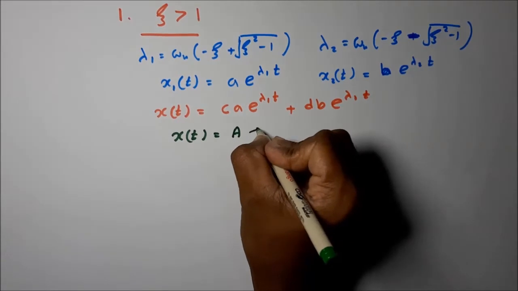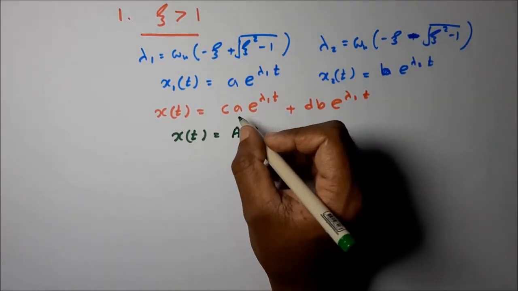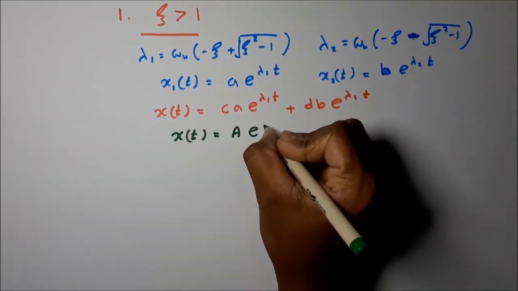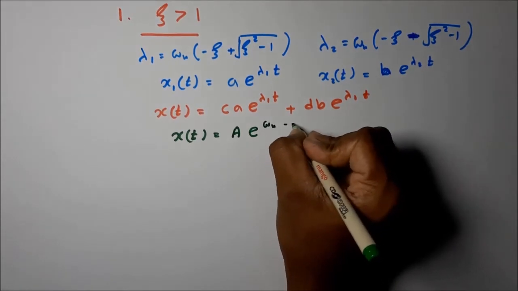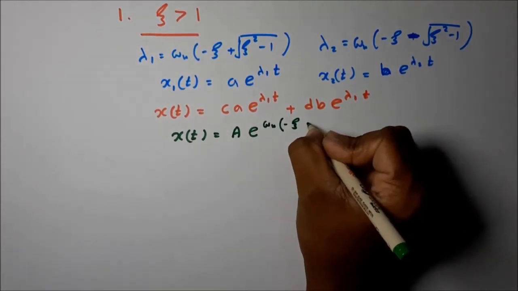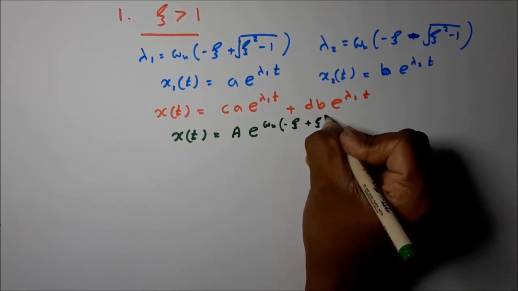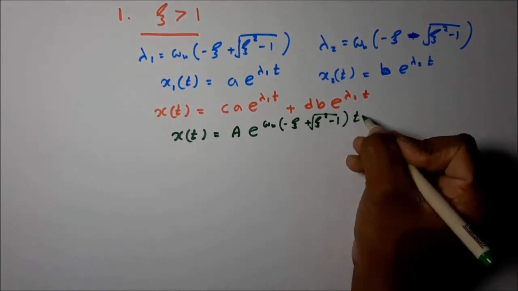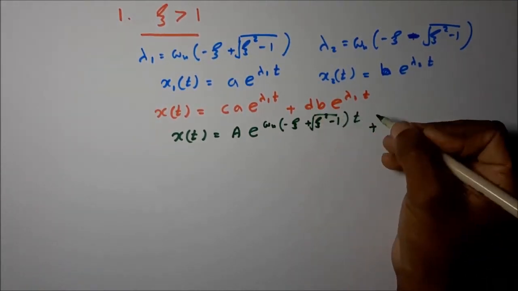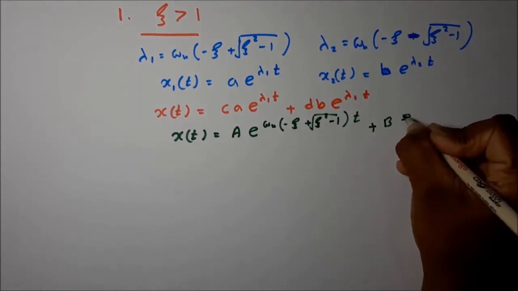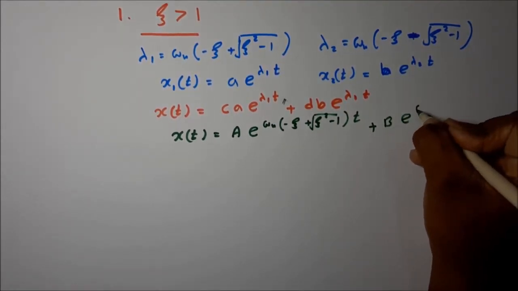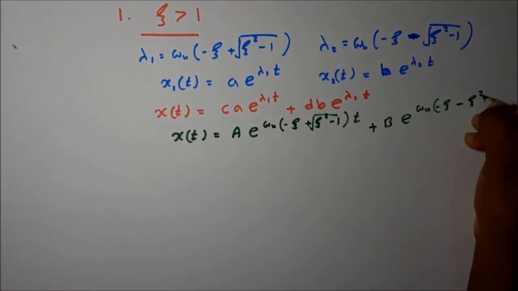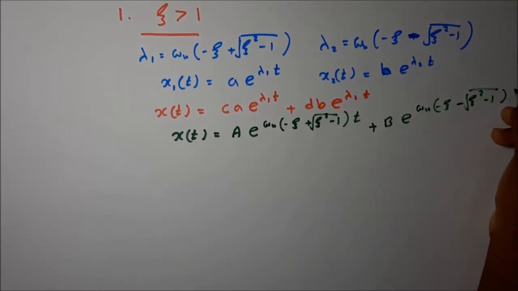e^(lambda 1 t), what is lambda 1? I will write that lambda 1 also. Omega n times minus theta plus the square root of theta square minus 1, into t, plus for d times b, I am going to put b e^(lambda 2 t), omega n times minus theta minus the square root of theta square minus 1, into t.